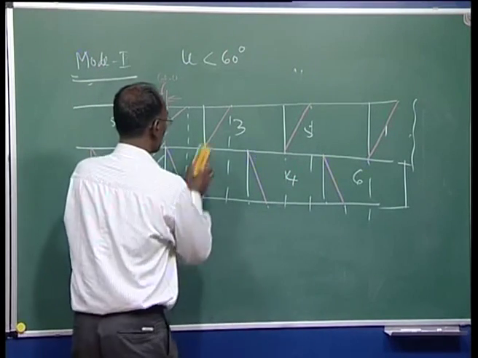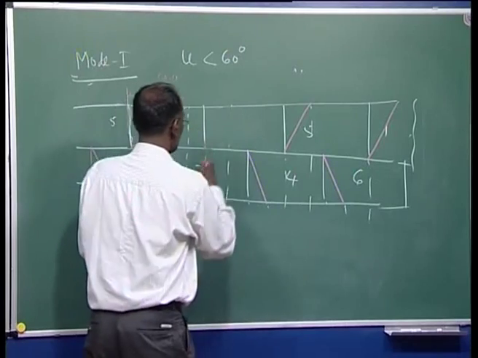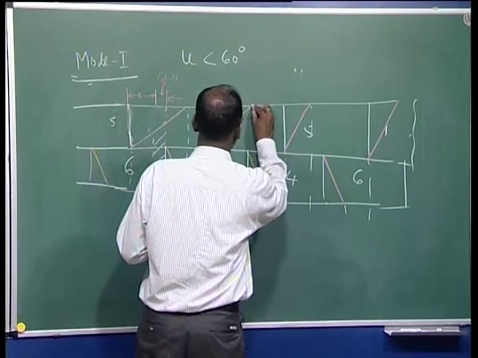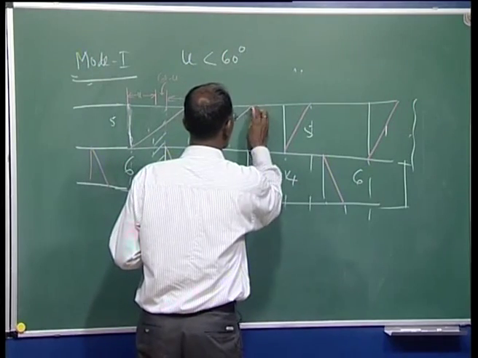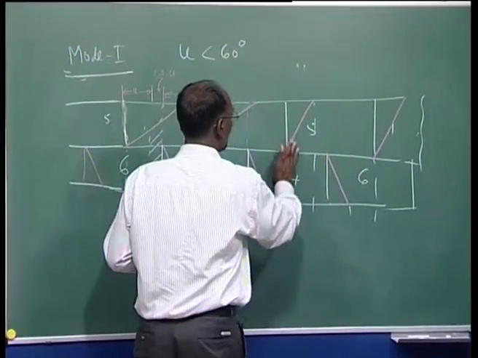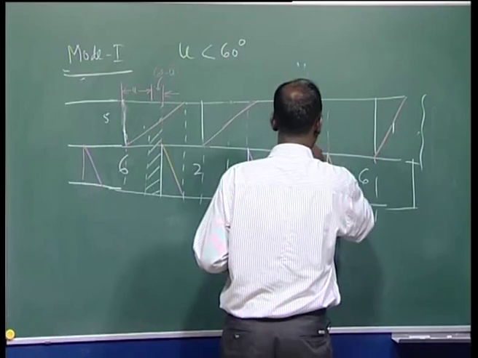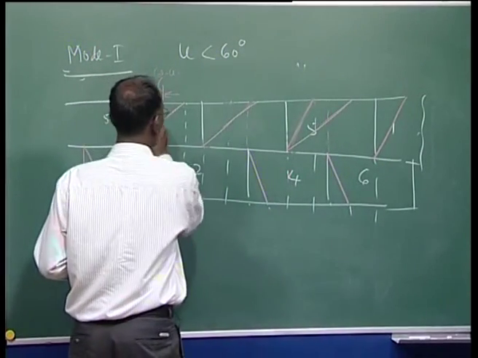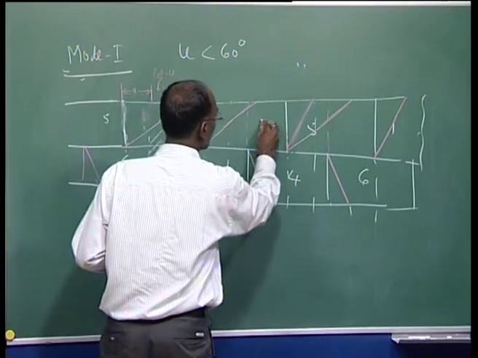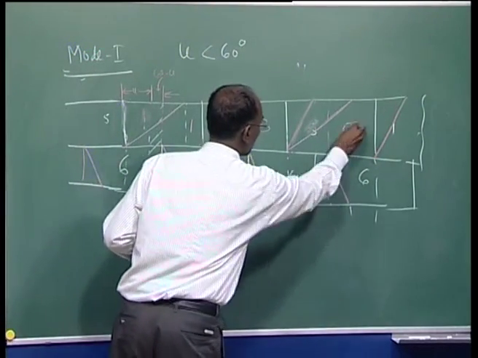Similarly, we have to change this one also. This is more than this 60 degrees, because this is 60, here it is slightly more, and this is also 60 here. So it will be here: it is your 1, this is 5, 1, 3 and now it is 5.